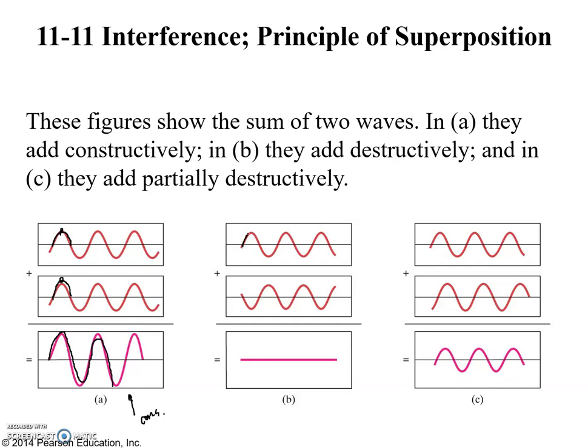Here, where the first wave is at its peak, the other one is at its lowest point. If they have the same amplitude and same wavelength, they're going to destructively interfere with each other, and that is going to cancel the two out. And so we end up with this flat wave here that's been completely canceled out.